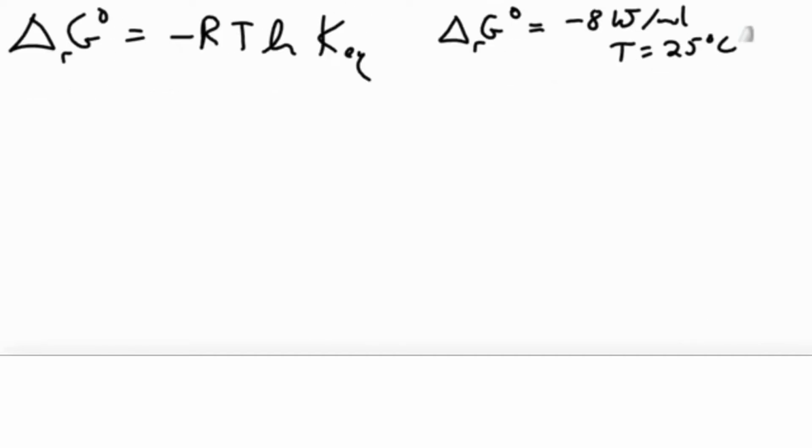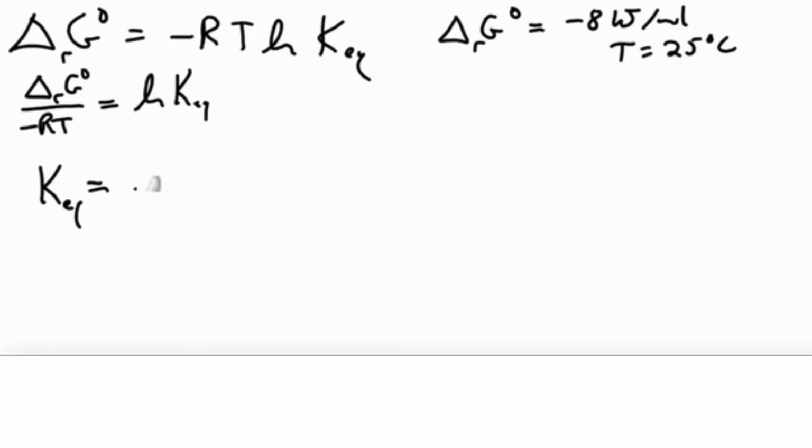All right, so we were given delta G standard and the temperature. Let's solve this for K. We get delta G standard divided by negative RT is equal to the log of K. So K equilibrium, let's take the exponential of both sides, is going to be negative delta G standard over RT.